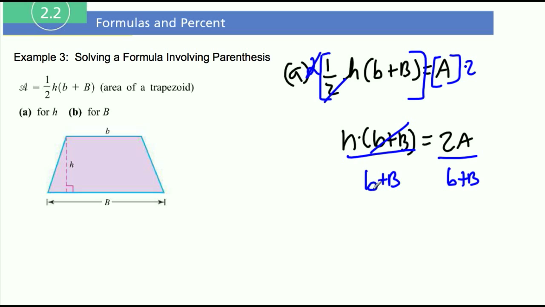Because that will cross out with that right there. It's like one whole. And so then I would have left h equals 2A over b plus B.